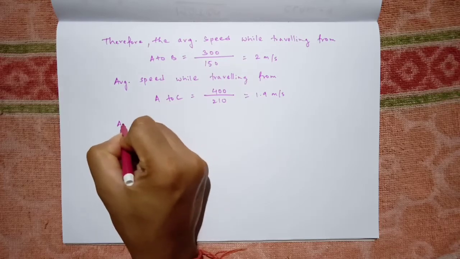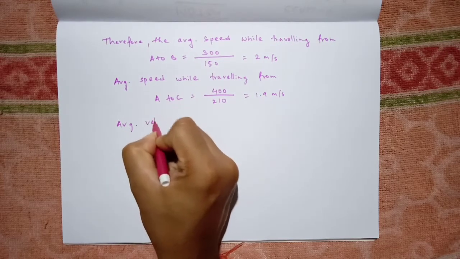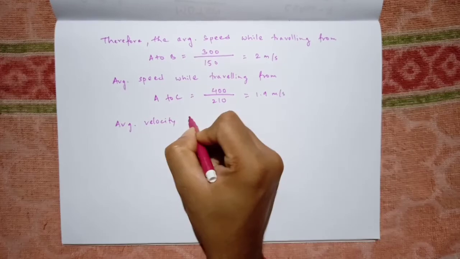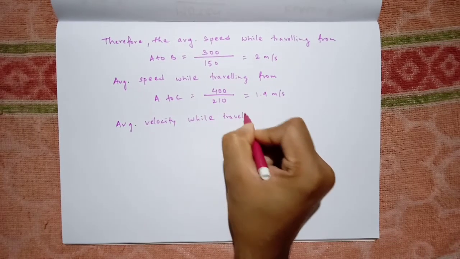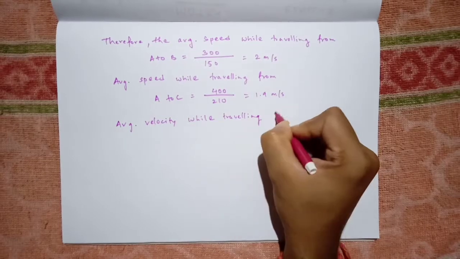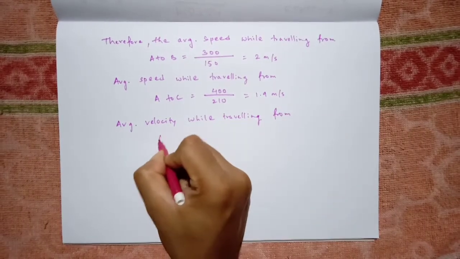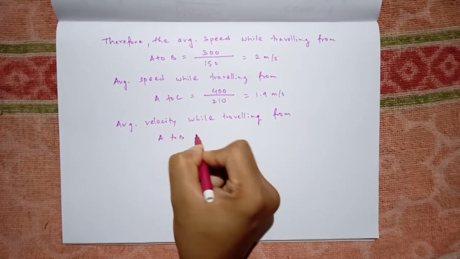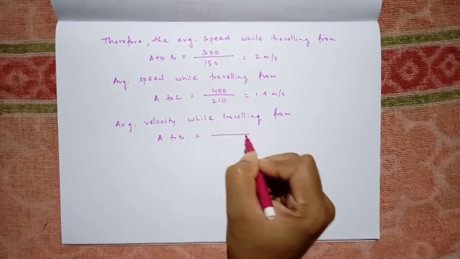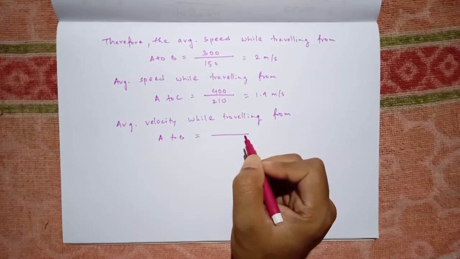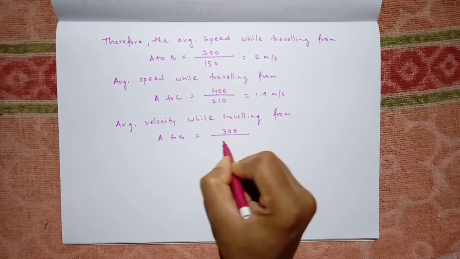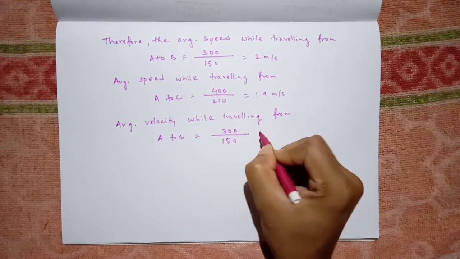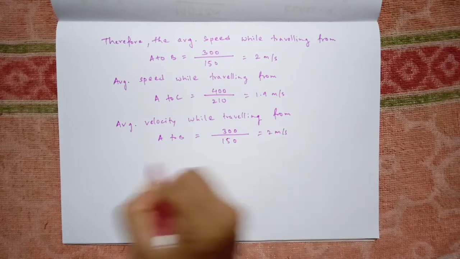Then the average velocity while traveling from A to B will be total displacement by total time taken. This will be the same, 300 by 150, which is 2 meter per second.